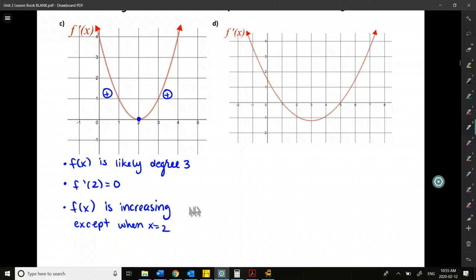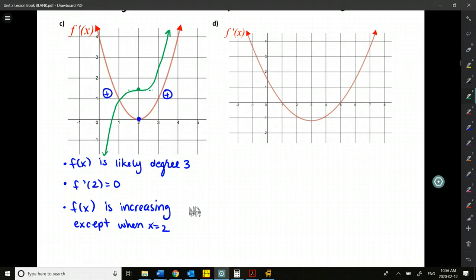So this cubic has some point along here, again I don't know where that point is, where I'm going to have a horizontal tangent, but it needs to be increasing everywhere. So it's probably like a degree 3 cubic that kind of goes like this. And then in between there we have that area where the slope of the tangent is equal to 0. Right, so something like this.